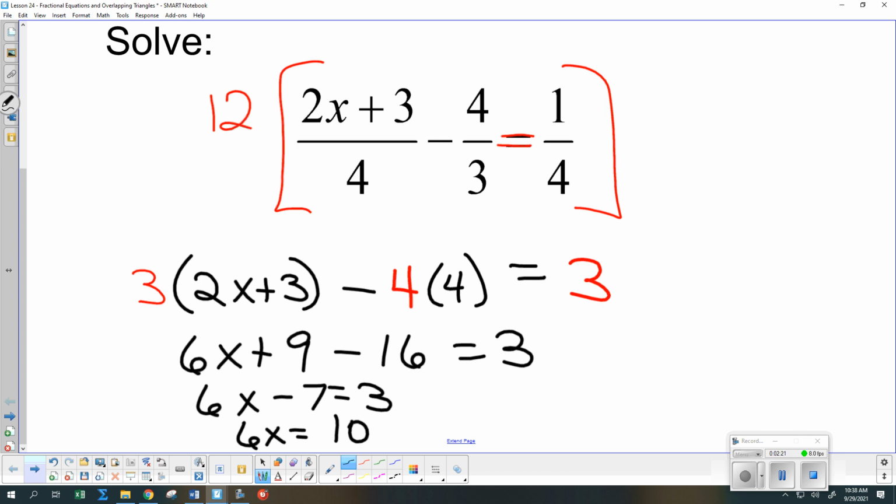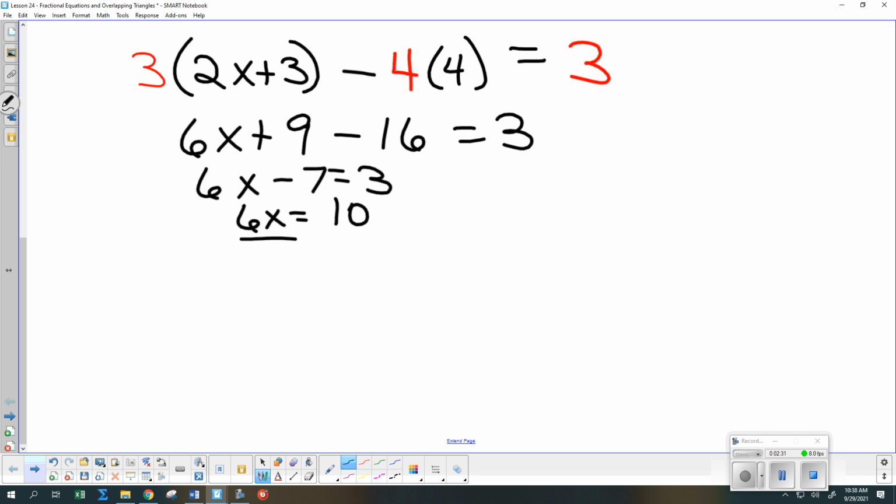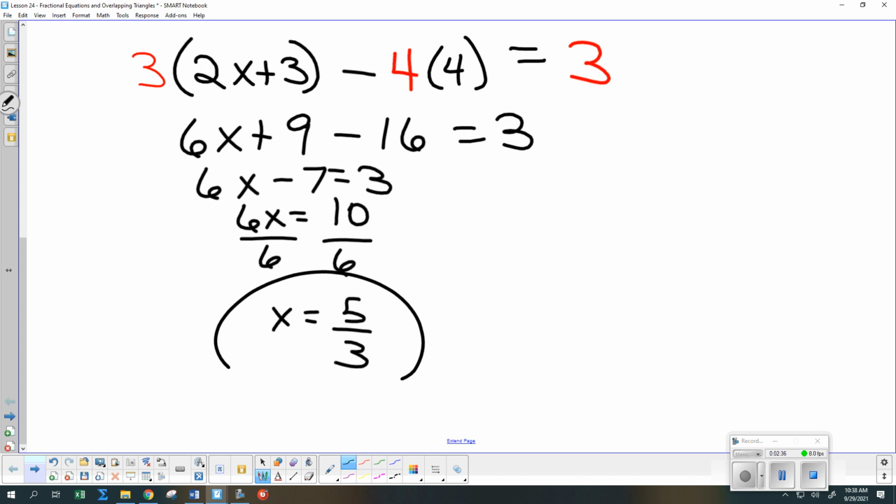What's our final answer? Akshita, what's our final answer? So, divide both sides by 6, reduce, and we have 5/3. Everybody feel okay about that? Okay, let's do one more of these.